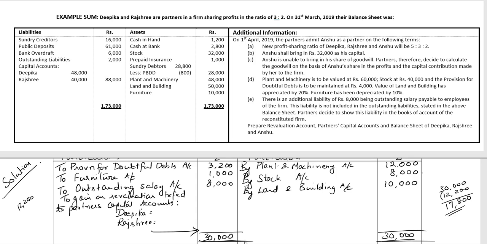The total gain, 17,800 rupees. We need to divide this in the OPSR, which is 3:2.